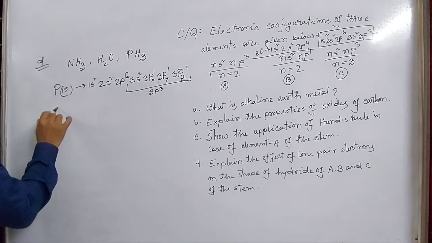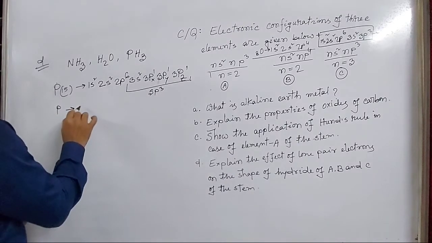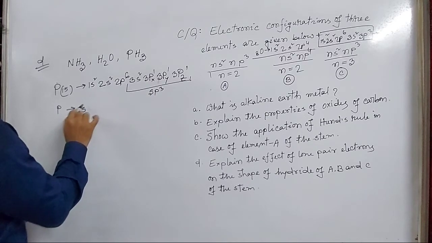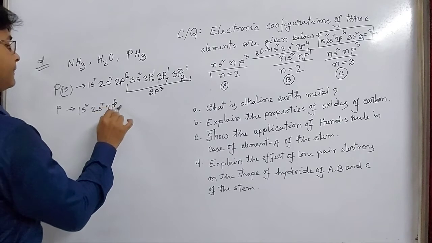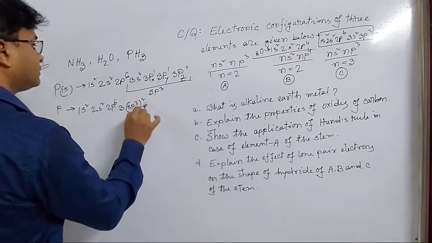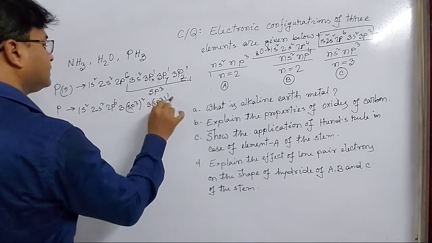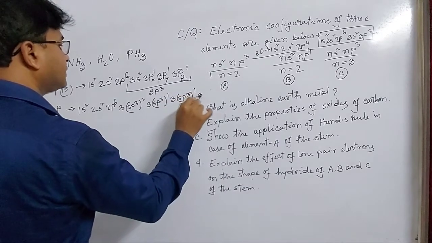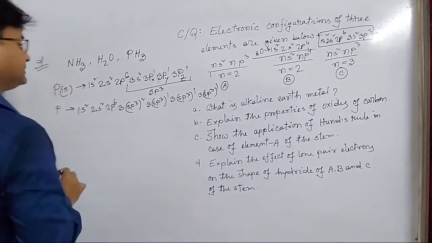So in the hybridized state, the electronic configuration is 1s2, 2s2, 2p6, 3sp3 2, 3sp3 1, 3sp3 1, 3sp3 1.